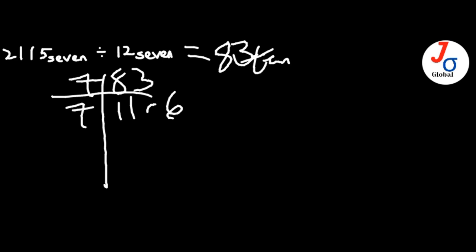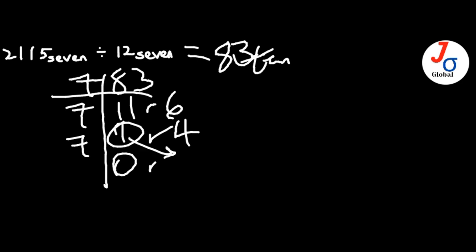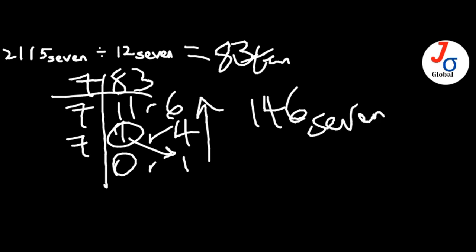Then 11 divided by 7, you have 1 remainder 4. And 1 divided by 7, which is impossible in this case, so I'm going to have 0, then remainder 1. What I get, from the bottom to the top, is 146 base 7, and that's our final answer.